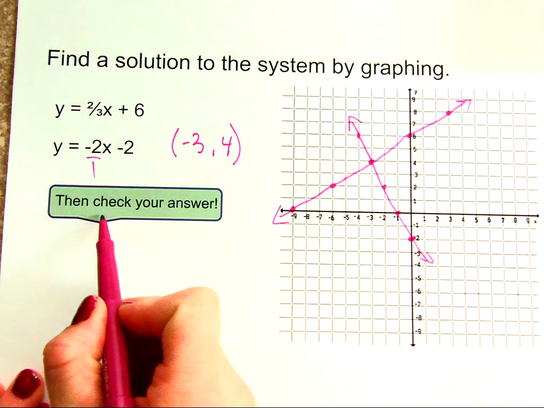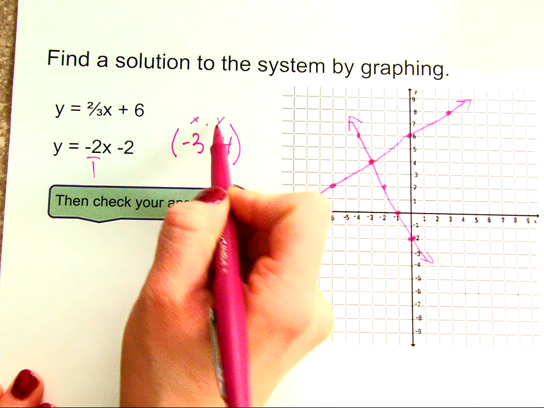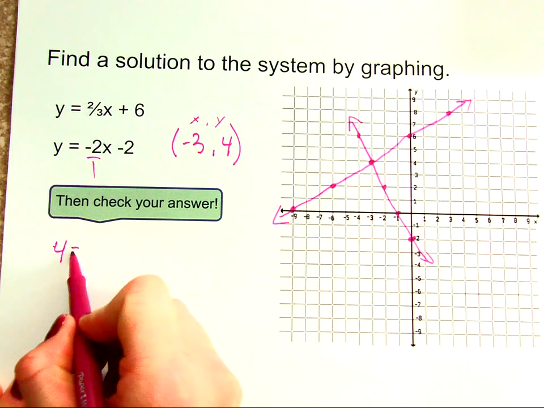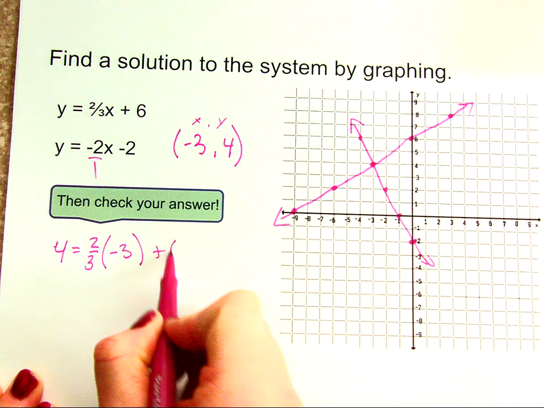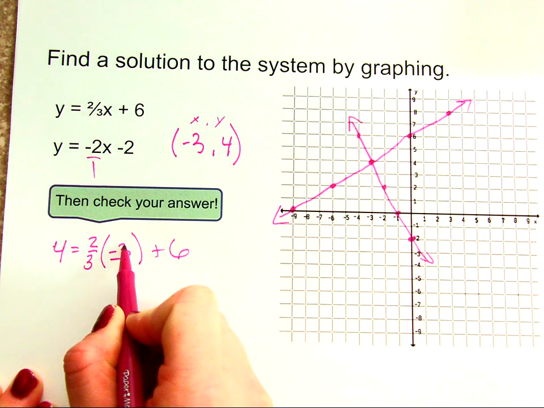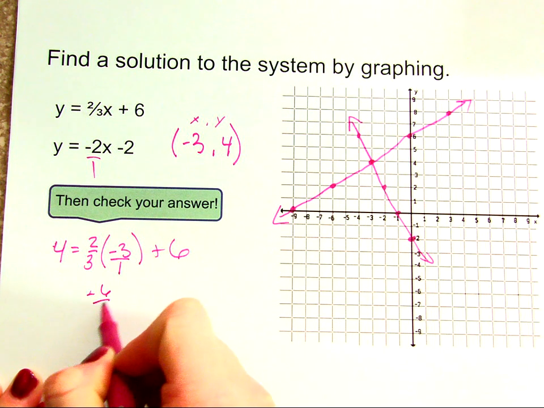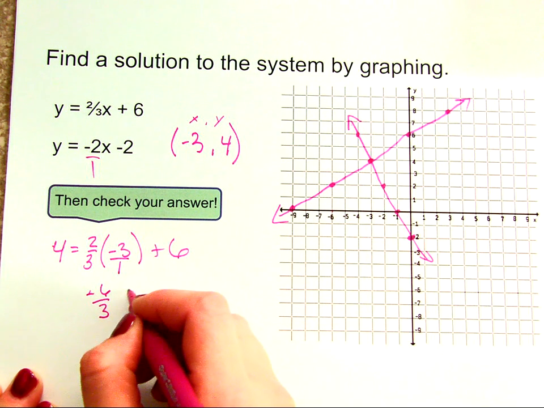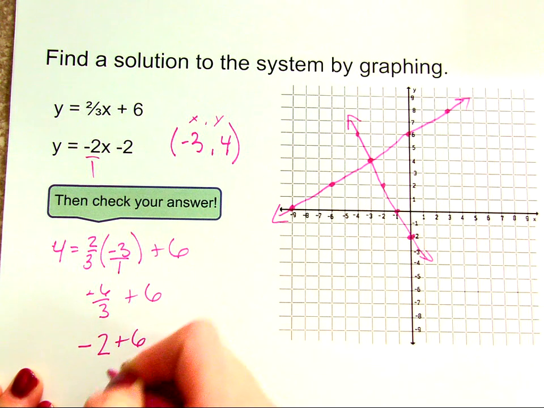So again, then to check our answer, we'd plug these in, my x and my y. So 4 is equal to 2/3 times -3 plus 6. So I'm going to put a 1 on the bottom. Remember, multiplying fractions, you go straight across. So that's -6 over 3 plus 6. -6 over 3 is -2, which is 4.